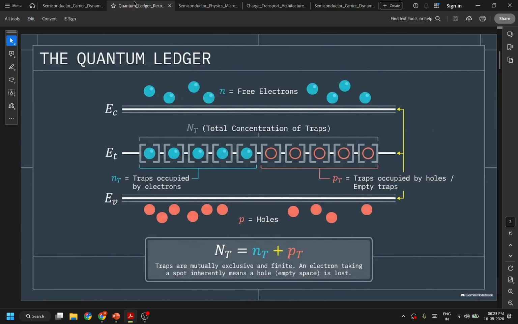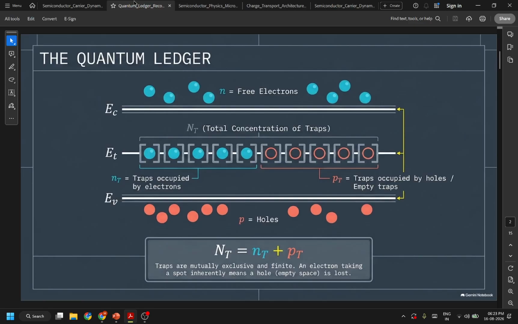When we come to the trap state, we can say the capital NT is the total concentration of traps, out of which small nt is the traps occupied by electrons, and PT is the traps occupied by holes, or in other words, the empty traps.